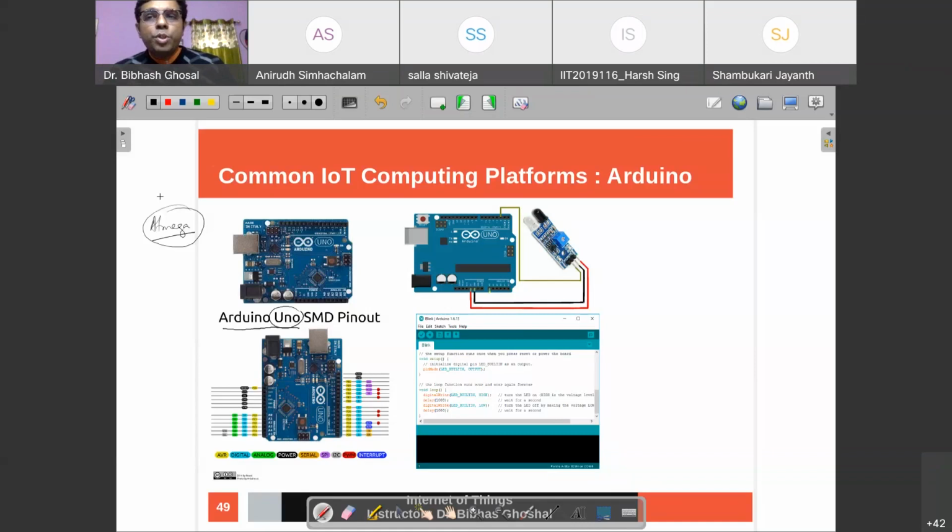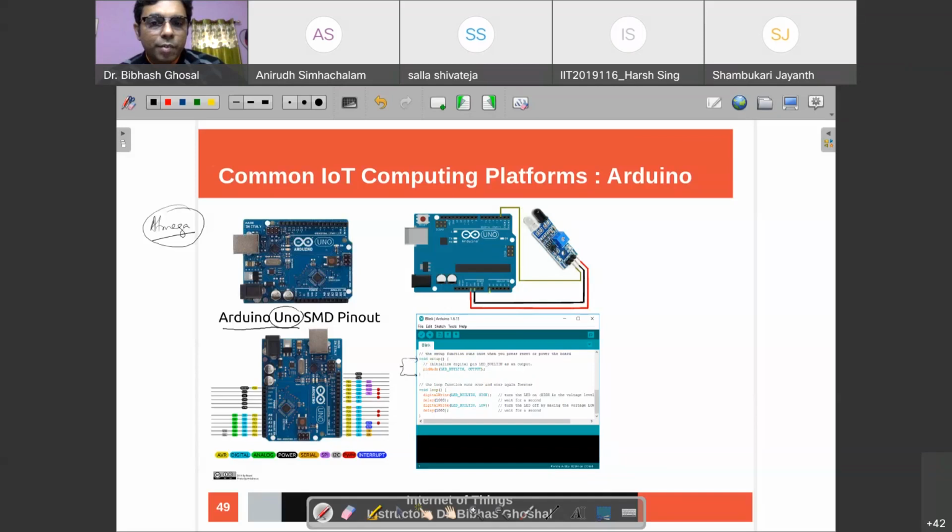Then it was shifted, and people thought that, okay, writing in assembly is difficult. Let's give a more easy way of coding. So they came up with this kind of interface where you could write code very similar to C language. And this is the Arduino interface that you see. Look at the code that you see here. It's very, very similar to structures following C. You have void, which is for setting up the environment.